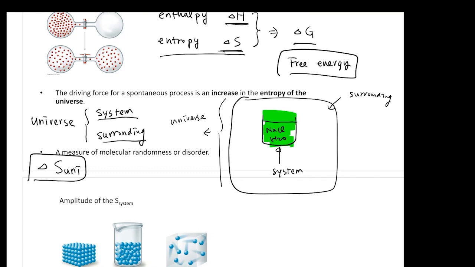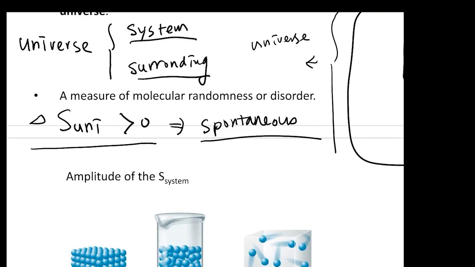If you can calculate your delta S universe, and that delta S universe is larger than 0, then you have a spontaneous process. Be careful, it's not delta S system, it's not delta S surrounding. It has to be delta S universe. If the delta S universe is larger than 0, then you have a spontaneous reaction.